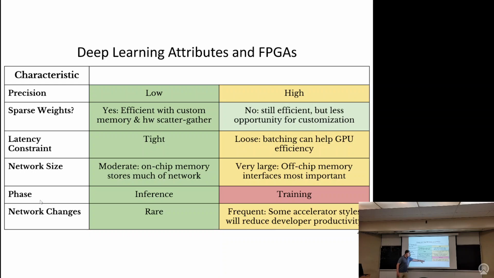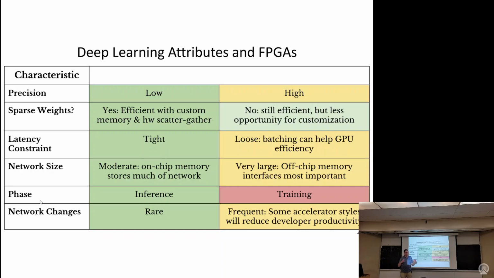If your network is changing really often, Google, for example, makes updates to their machine learning algorithms, not in the fundamental style of the network, but they do make updates to the details of the network fairly frequently. One of my colleagues at Google tells me it's maybe once a day, maybe once every couple days. That's not a big problem if they're just uploading weights to a TPU, but it is a problem for a style where you're actually changing the hardware, right?